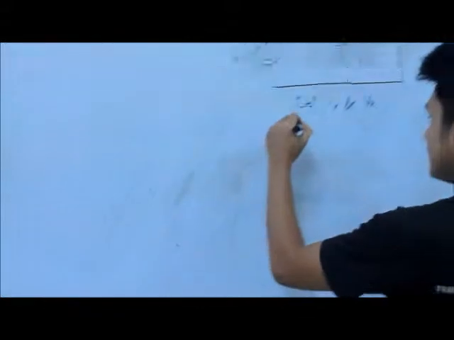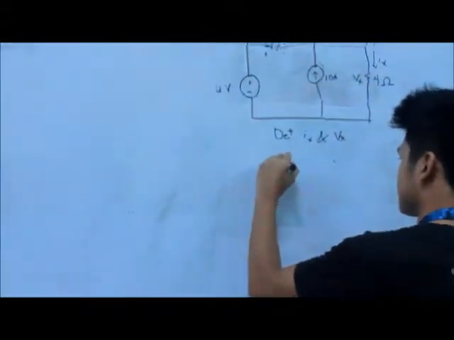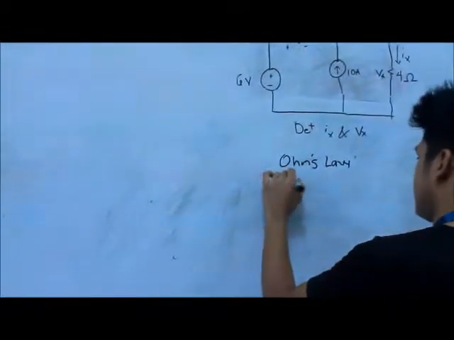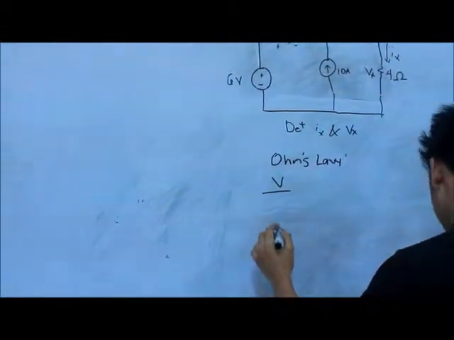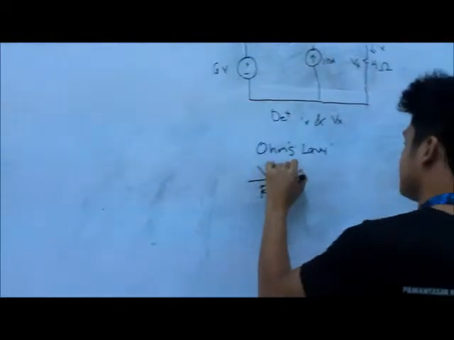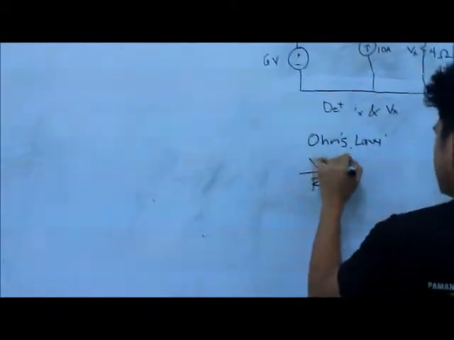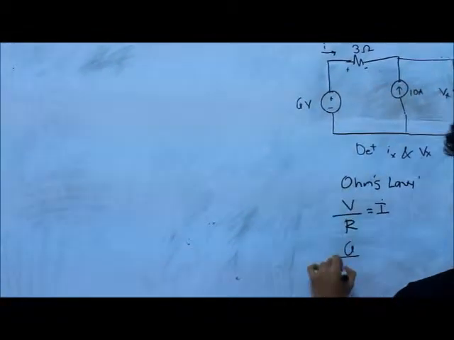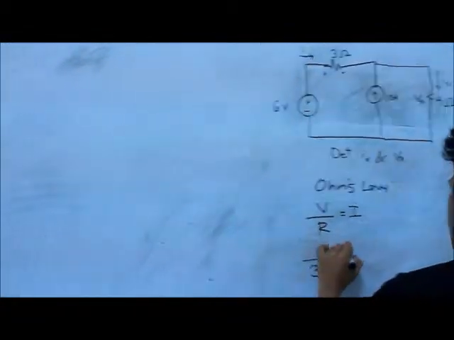By Ohm's law, we can get the derived equation plus RI. Then the voltage here is 6 divided by 3, equals 4.